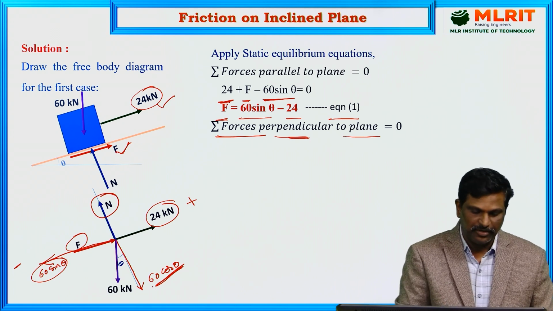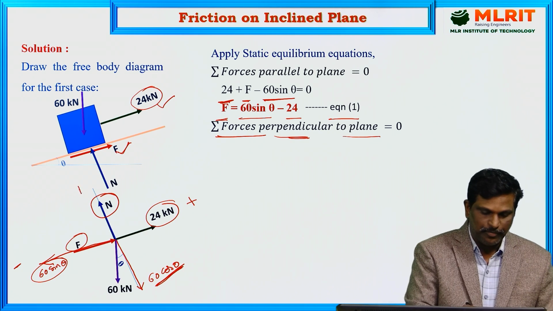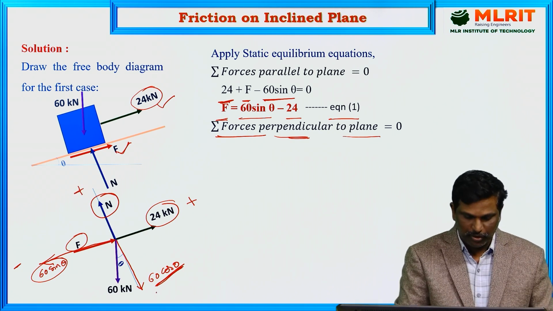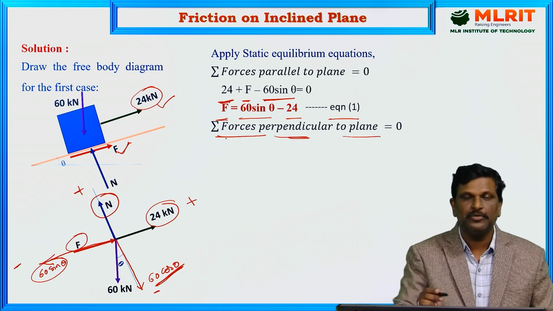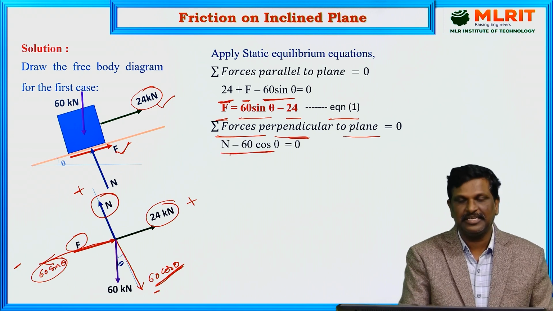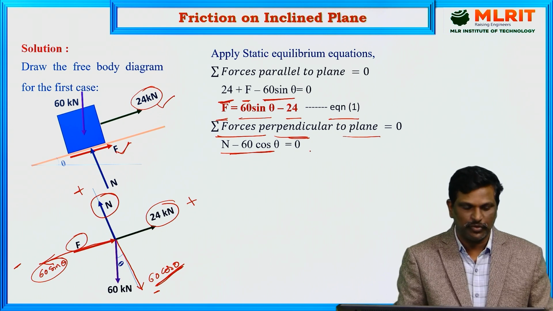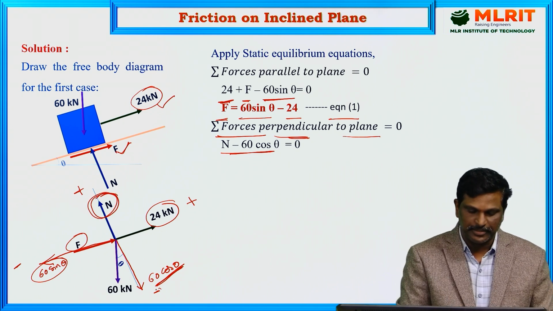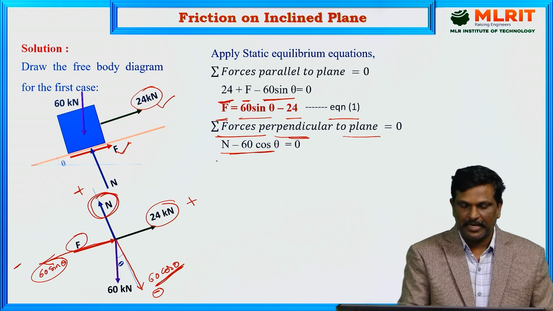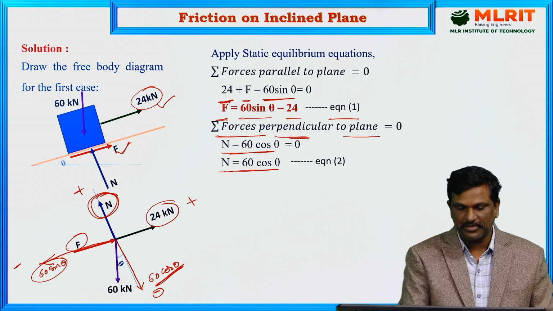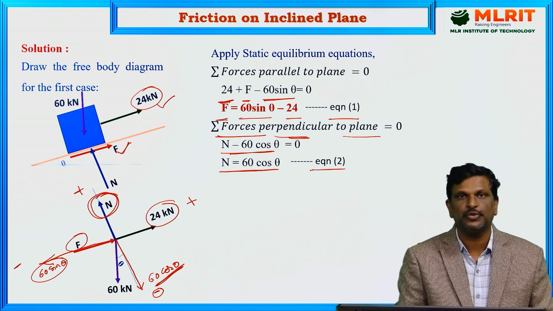The sign convention for perpendicular components is: perpendicular to the plane upward is positive, and downward is negative. Now substitute in this equation: N minus 60 cos theta is equal to 0, because one force acts toward positive and the other toward negative. N is equal to 60 cos theta. This is equation number 2.